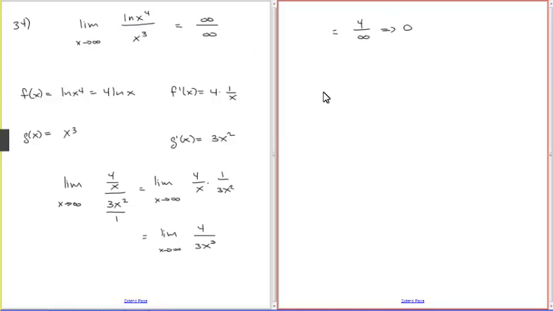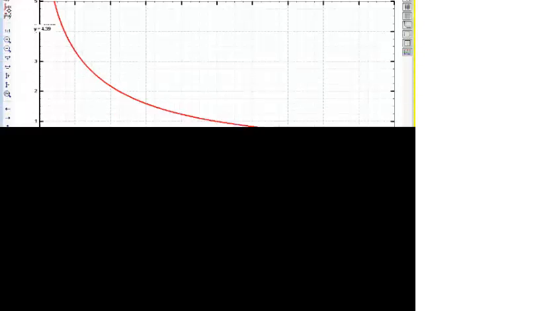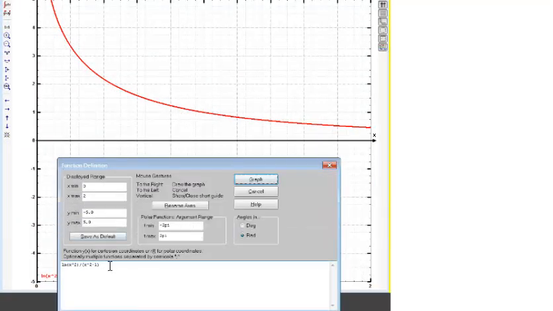And so if we plot that, let's go ahead and open up the graphing program and plot this particular function. So we get the natural log of x to the 4th divided by x cubed.